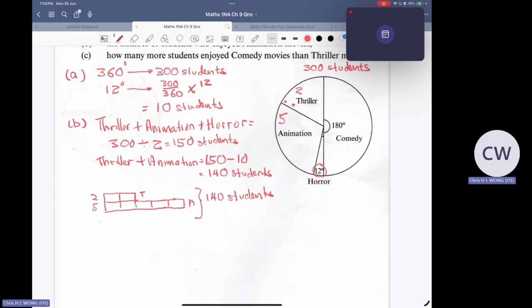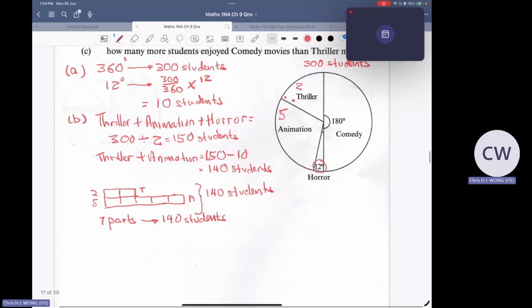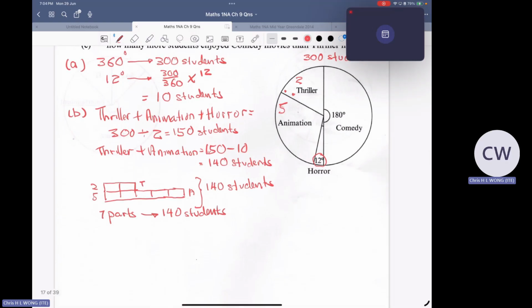7 parts is 140 students. How many parts do we need? We need animation, right? Animation is 5 parts, isn't it? Normally I will say 1 part first, but I'll just go straight into 7 parts, straight into 5 parts.